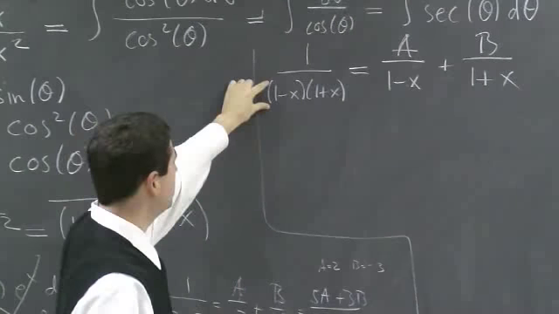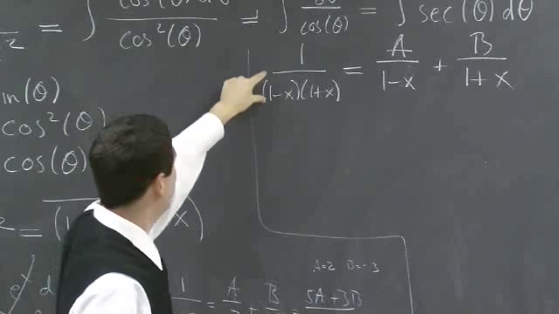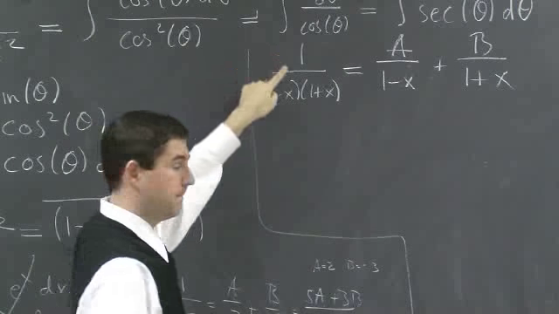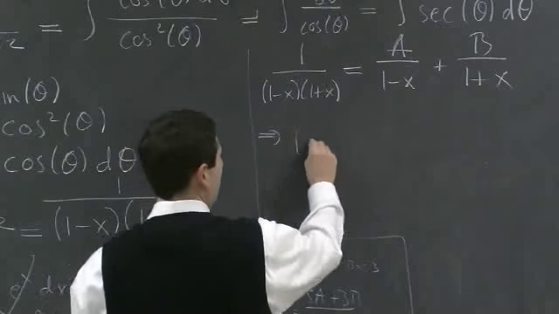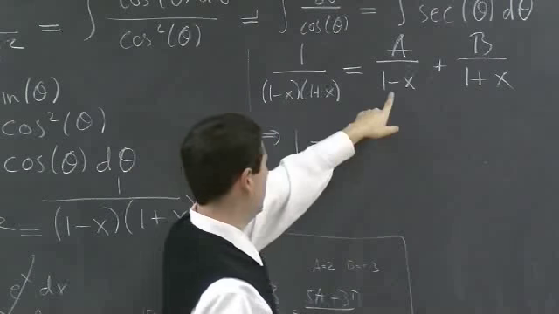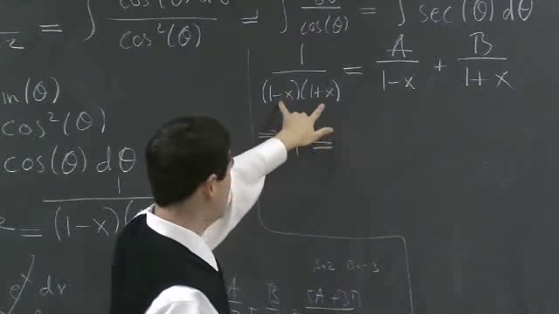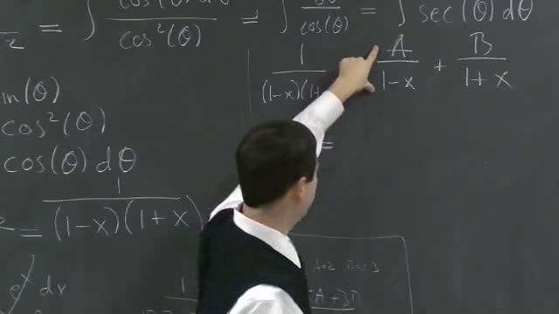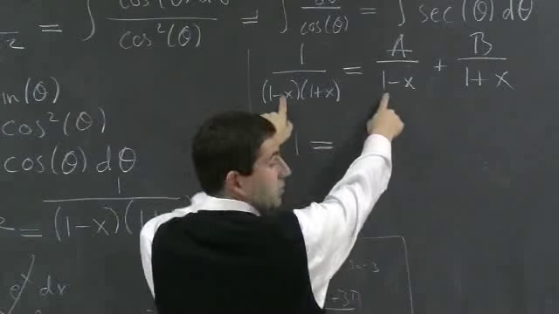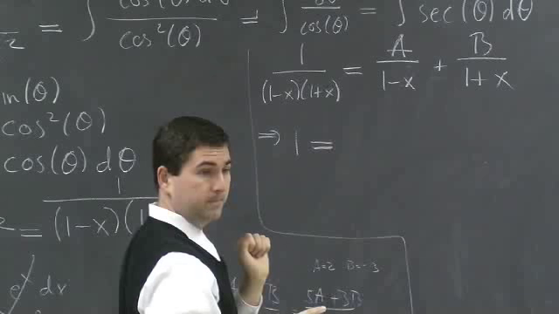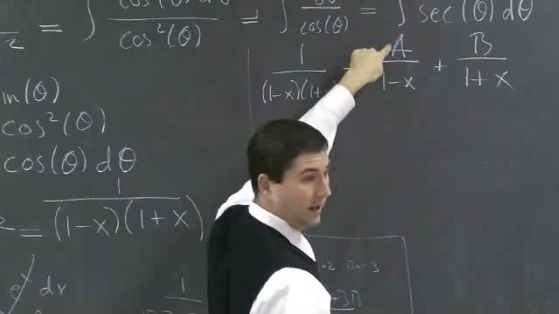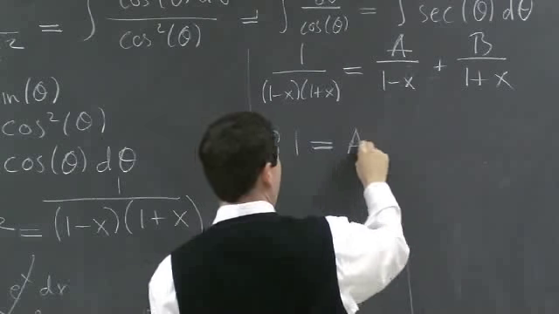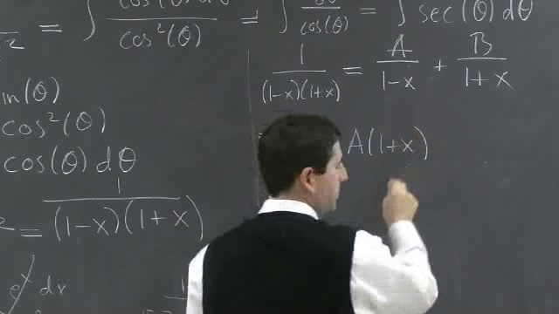Okay, so if I multiply through by this denominator, then the left side will just become 1. All right. And what will happen to the right side? Let's see, when I take this denominator and multiply it here, the 1 minus x's will cancel. Right? But the 1 plus x is just going to get left on the top. So I'll end up with A times 1 plus x.